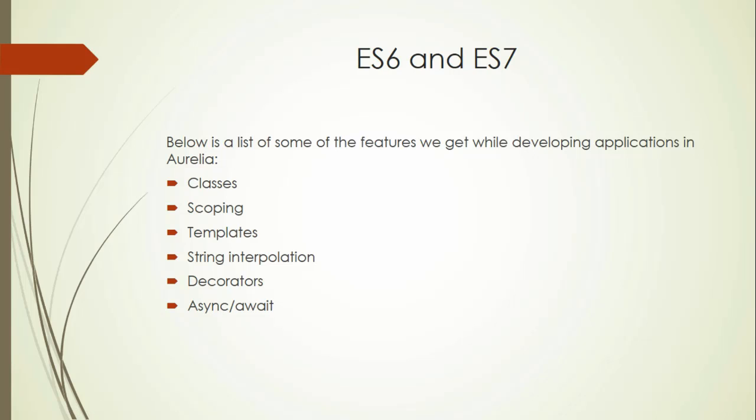All the features of ES6 and ES7 will be covered in this course, and we will go through each one of them in our code base, understanding classes, scoping, various types of templates, string interpolation, decorators, and async and await functionality. So let's go to our code base and understand each one of them.